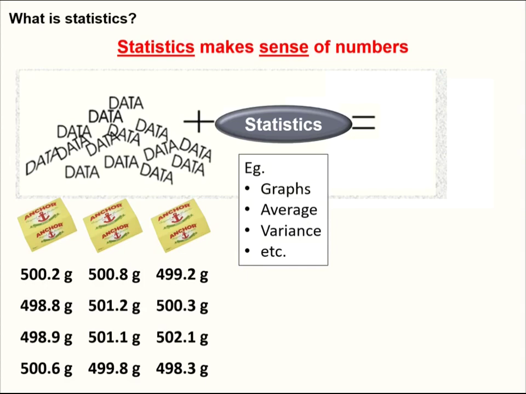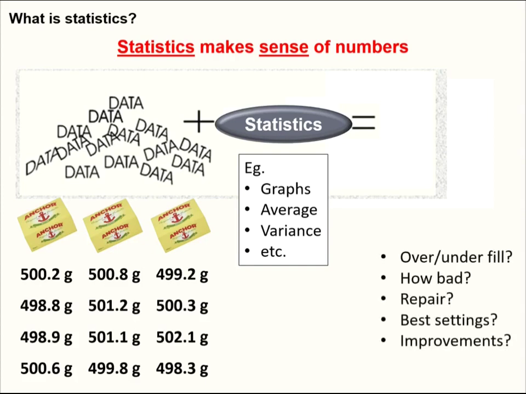You'll be able to plot graphs, calculate averages and variances, different tools that you're going to use in order to get information that can help you answer even questions like these: is the machine over or underfilling them in general? How bad is it? Does the machine need repair? What are the best settings? Does it need improvements? This might be information that you can get through this data, but by applying statistics.